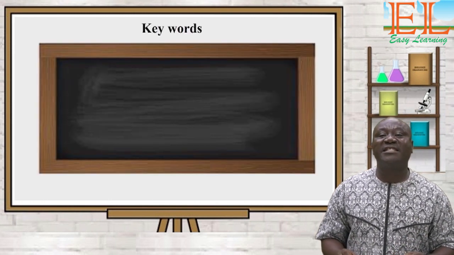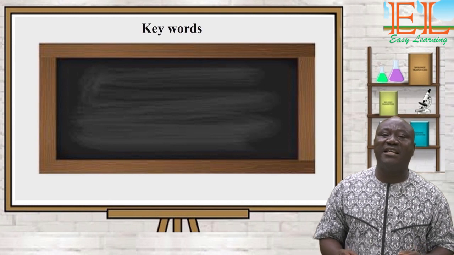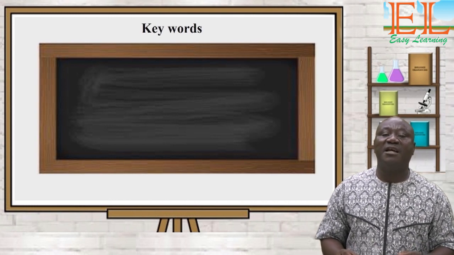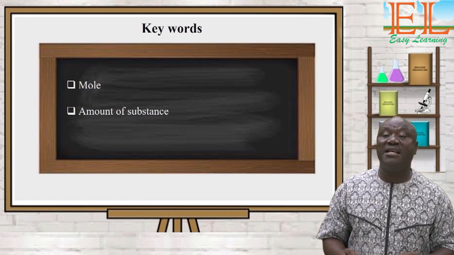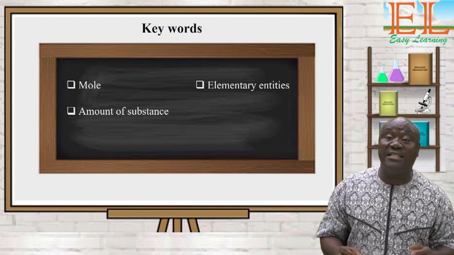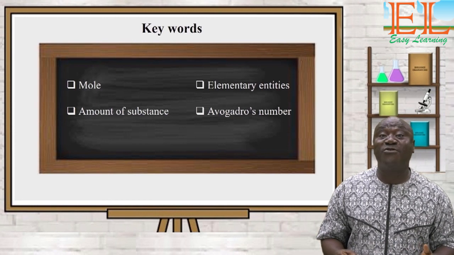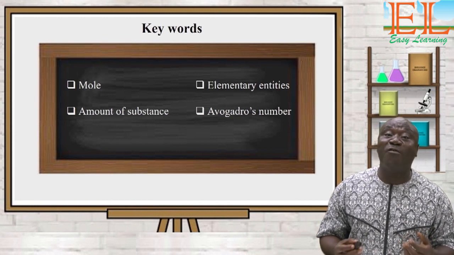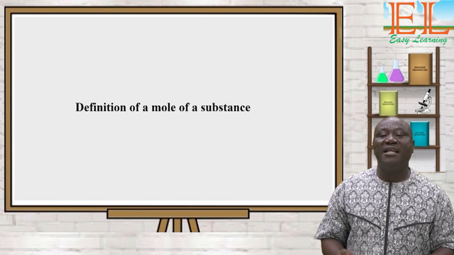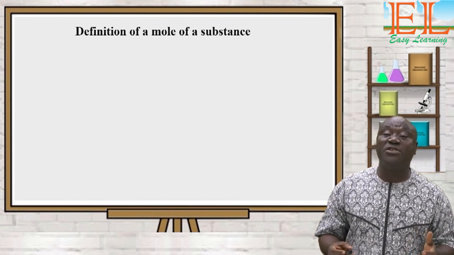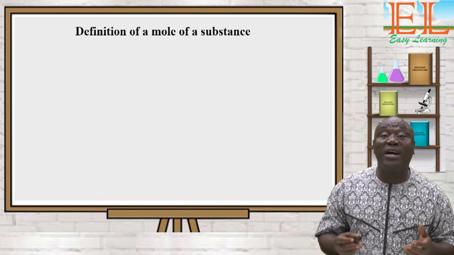The key words in today's lesson are mole, amount of substance, elementary entities, Avogadro's number or Avogadro's constant. Let us begin with the definition of a mole of a substance.